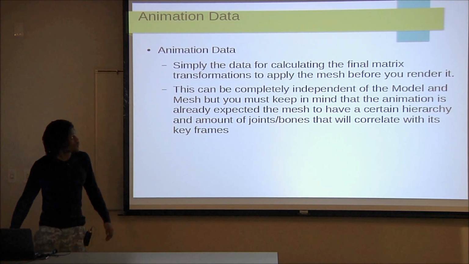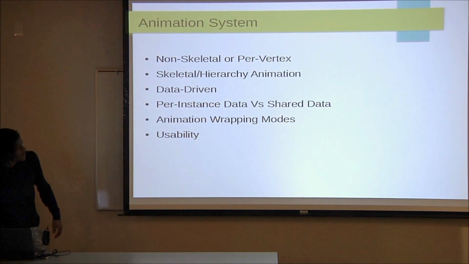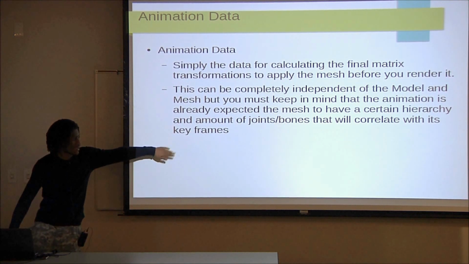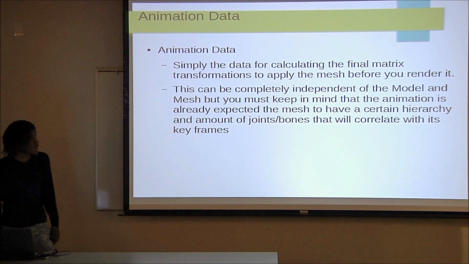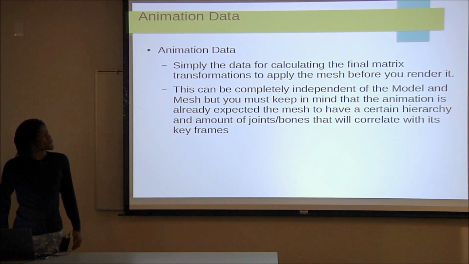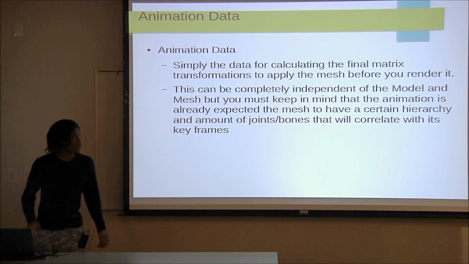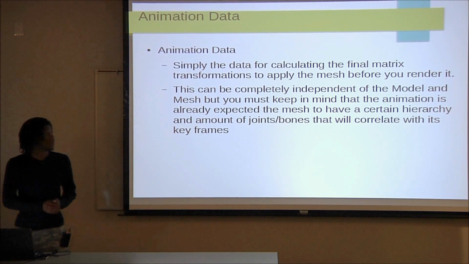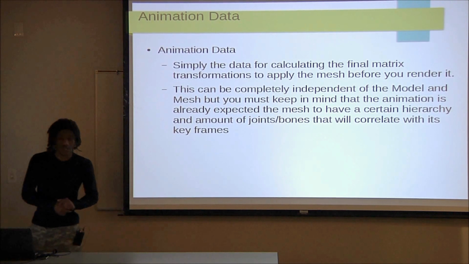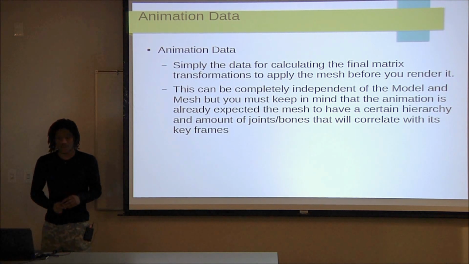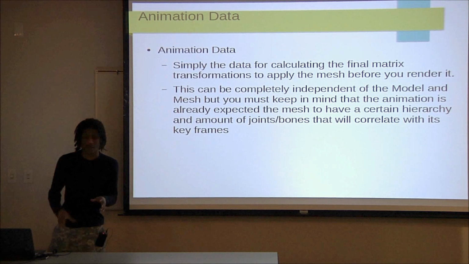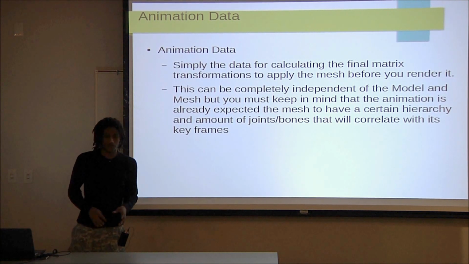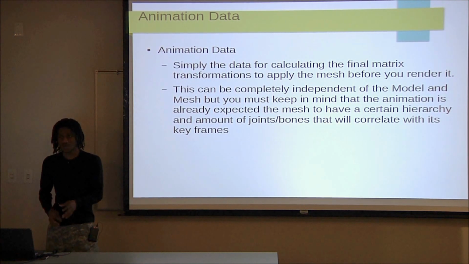Animation data, simply, I thought I had something there. I thought I had a code sample right there. I didn't update the slide. But simply the data for calculating the final matrix transformations to apply to the mesh just before you render it. So this includes simply your final bone matrices for your hierarchy. So the way keyframes work is you have a keyframe.